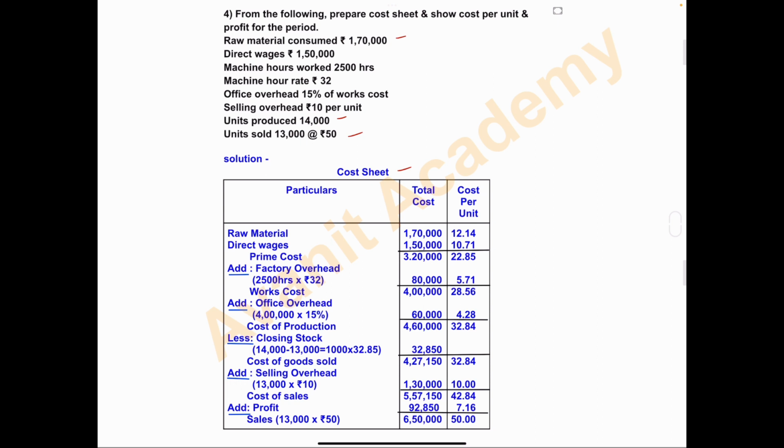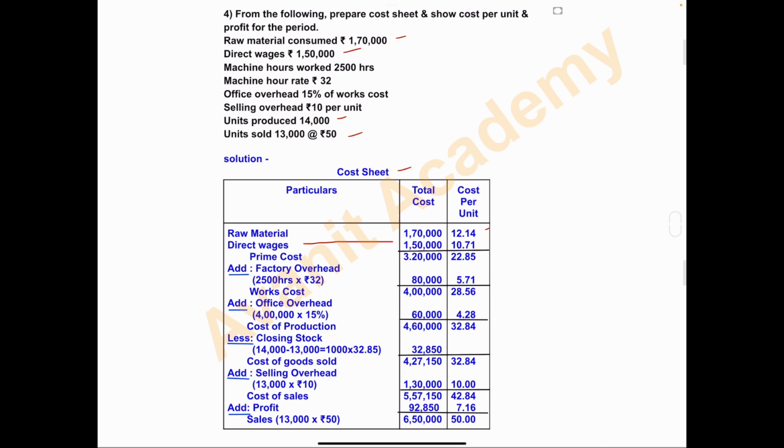So you will get 12.14. 1,70,000 divided by 14,000, you will get 12.14. Next is direct wages. Direct wages is 1,50,000. Right here in cost sheet, direct wages 1,50,000.